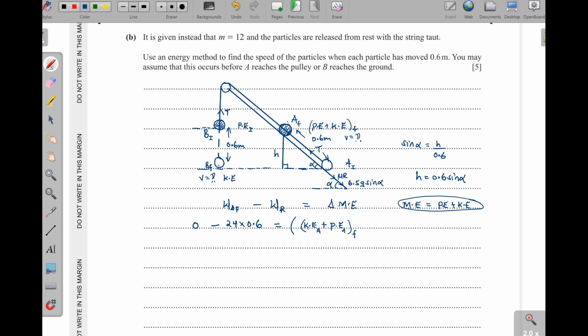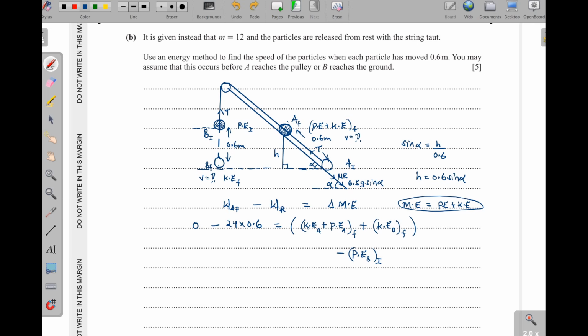Final, then plus, this is final for B. So plus kinetic energy for B, okay? Final. Then minus initial, what do we have? So initial here for A, we don't have kinetic, neither do we have potential energy. But we shall have potential energy for B initially, because there is that vertical height.